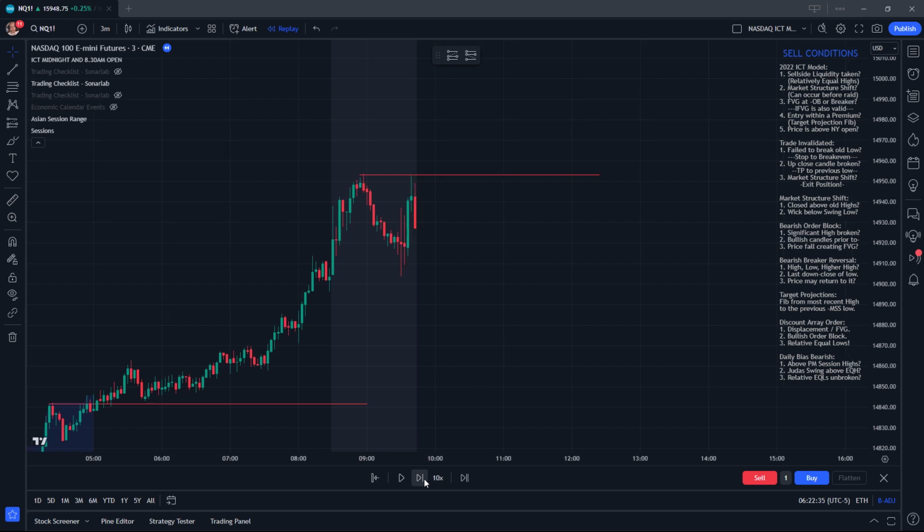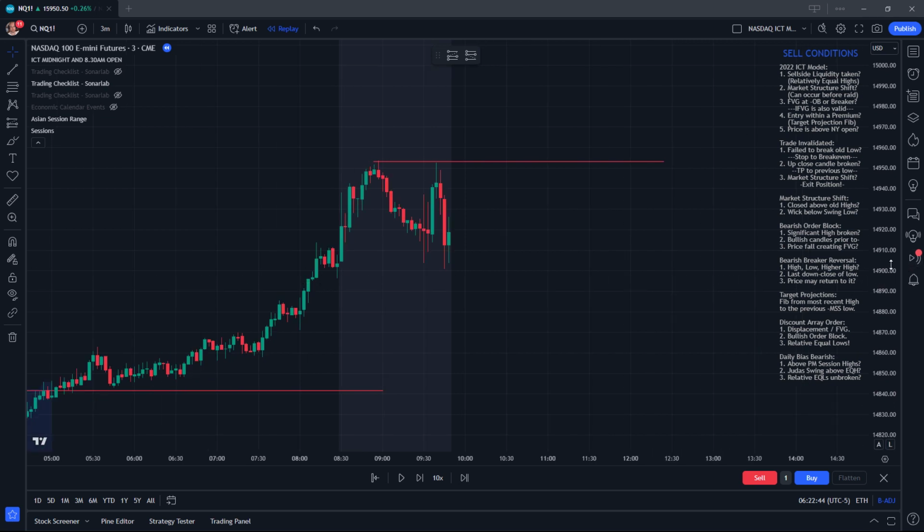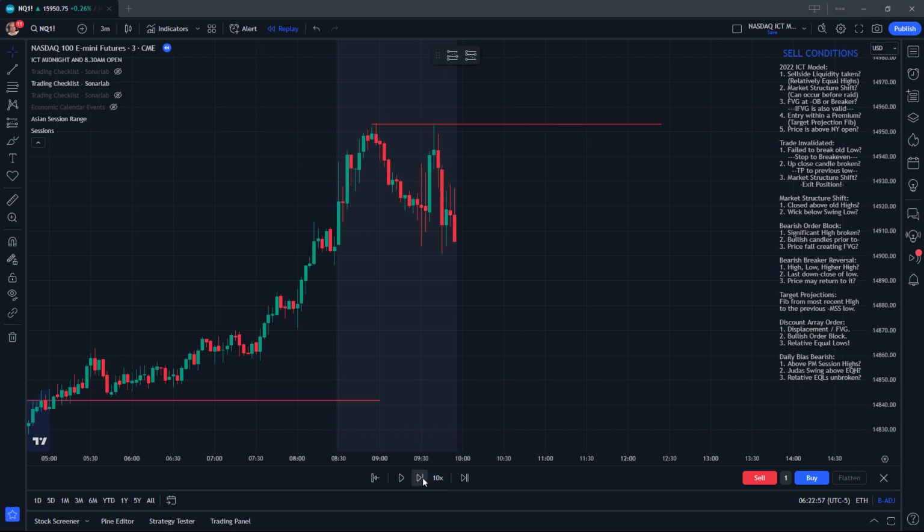Okay, price has come back up there. It's made another relatively equal high. Looks like price is coming down here, possibly making a market structure shift. So let's just carry on going through this.